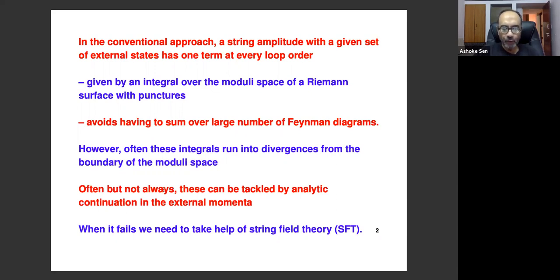But often, but not always, these can be tackled by analytic continuation in the external momenta. You adjust the external momenta so that the amplitude is defined in some range of momentum, and then you analytically continue from there. But when this fails, we need to take help of string field theory. And this is what I'll try to explain in the next slide.